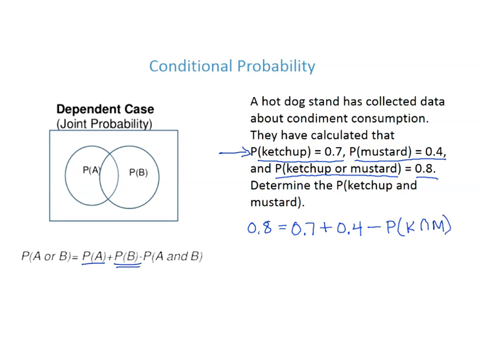We'll just write it like that. So we'll have 0.8 equals 0.11 minus what we're looking for.